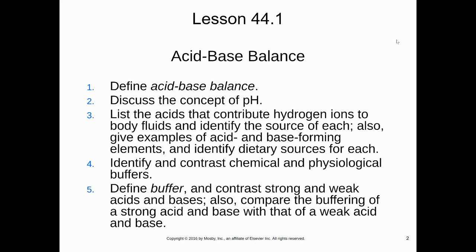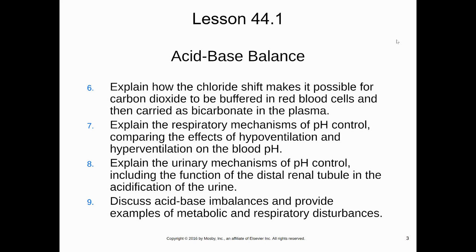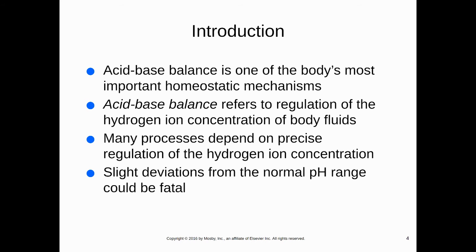Okay? So we're going to talk about acid-base balance, and all we're really concerned with, whenever we're talking about acids and bases, is our concentration of hydrogen ions. So how do we know what's the correct amount of hydrogen ions that we should have in any portion of our body? We need to make sure that this stays in balance.